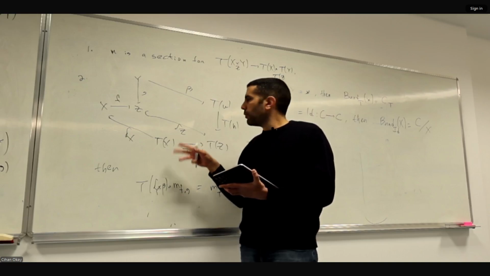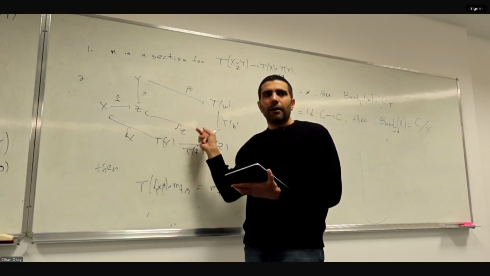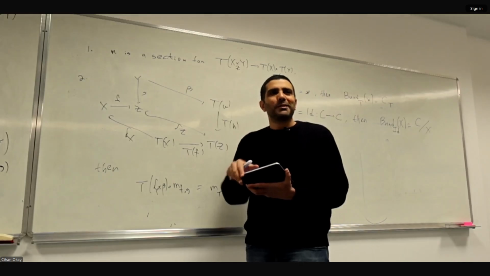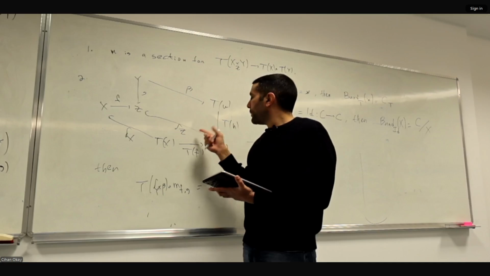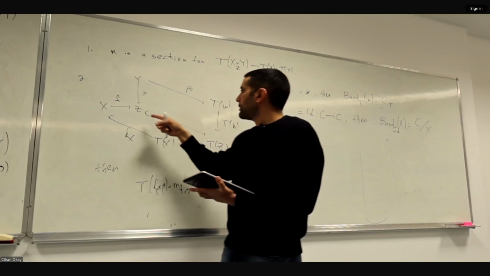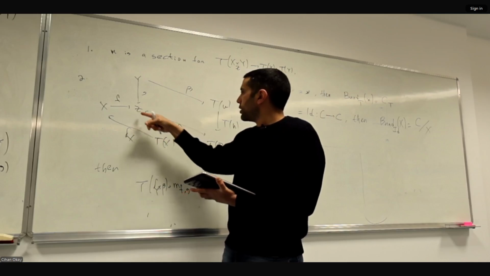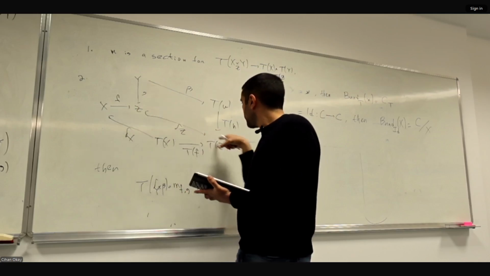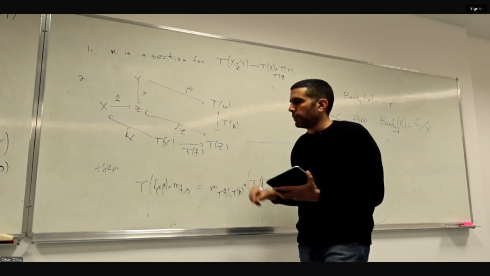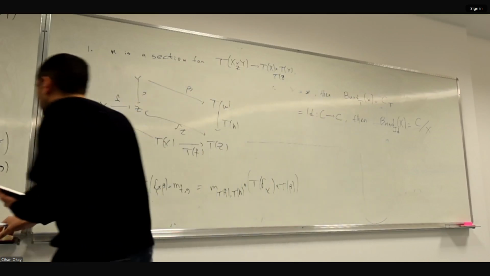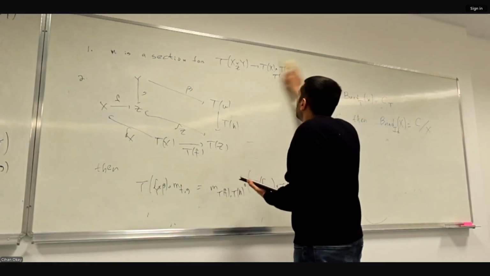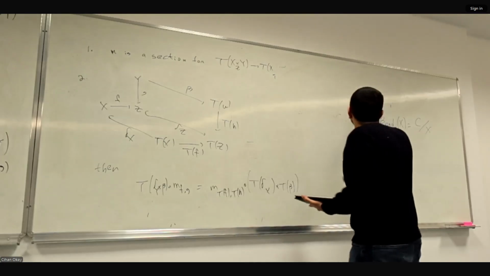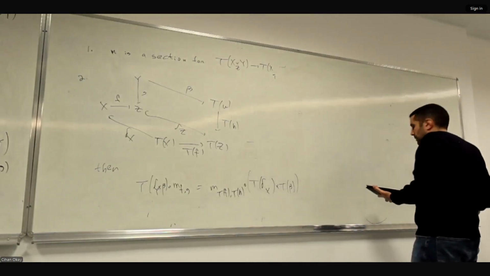The more general property is that it's natural when this one is injective. But in order to write it in a more natural way, you can write it like this.